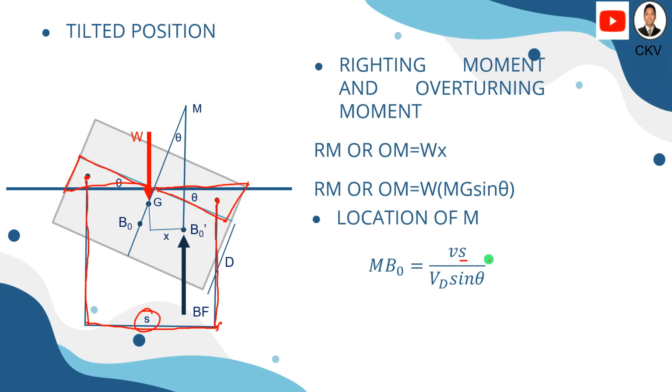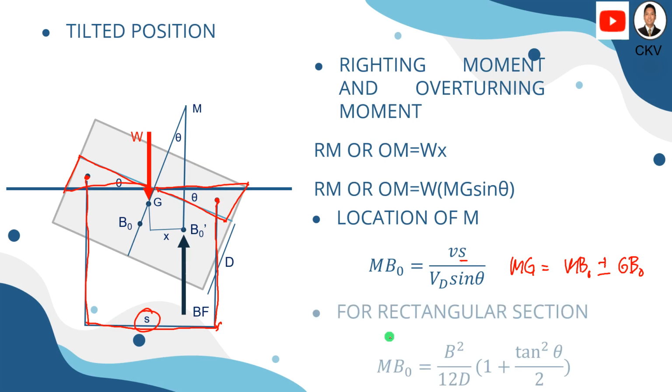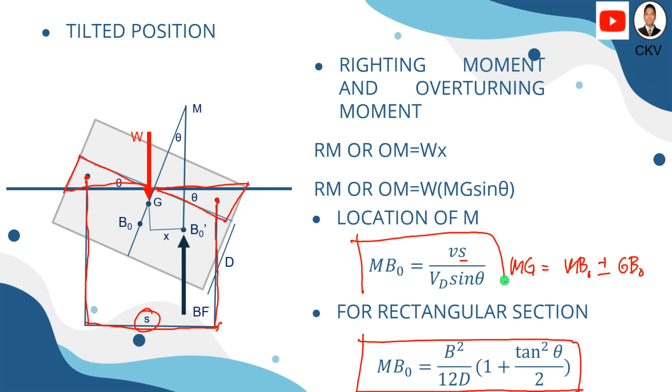The same solution applies in determining the metacentric height: MG equals MBO plus or minus GBO. If we have a rectangular section, or a rectangular prism as the floating body, we can directly use this solution, which is derived from our general solution.